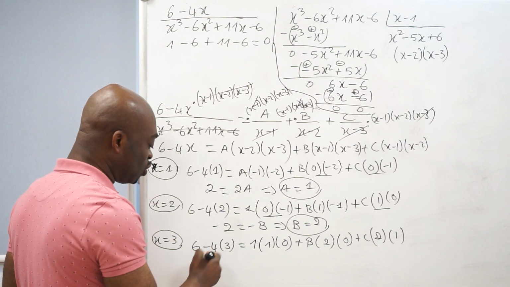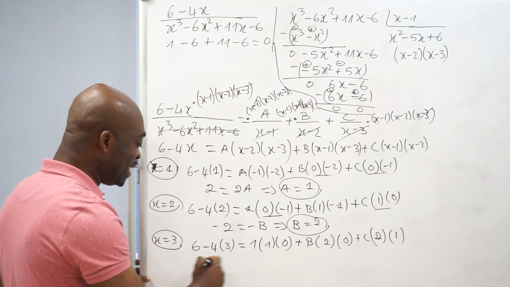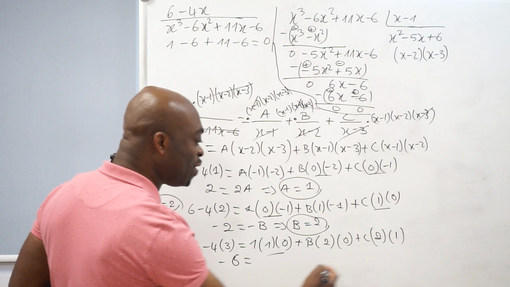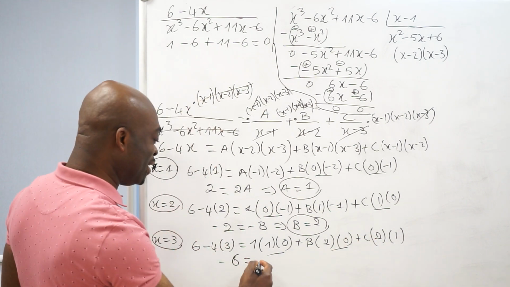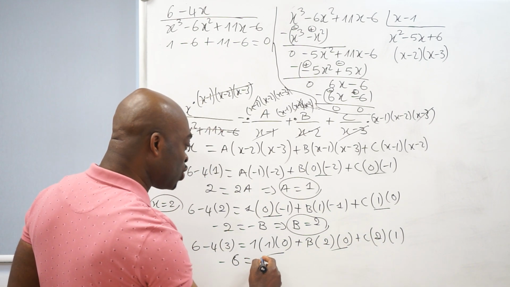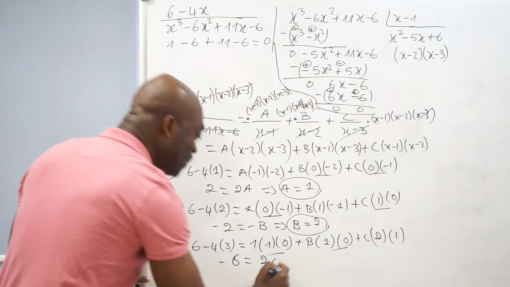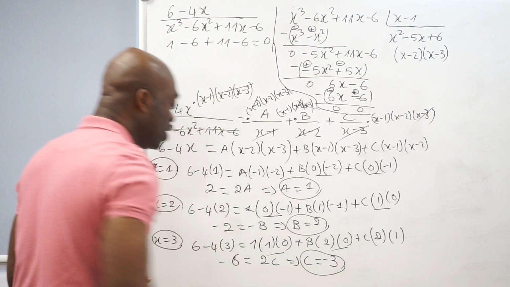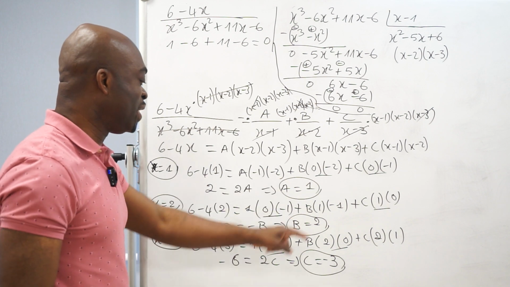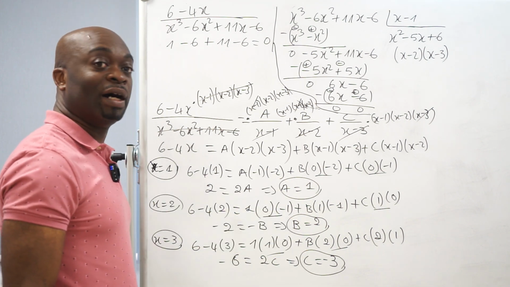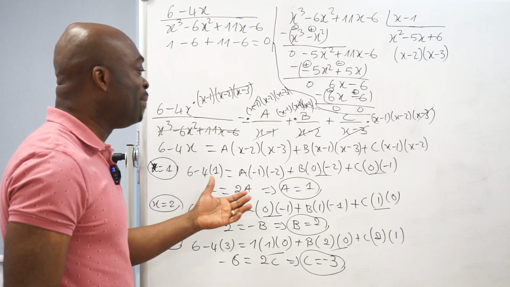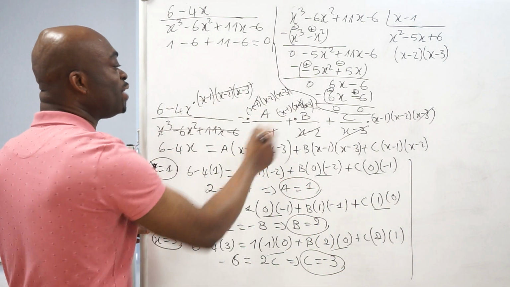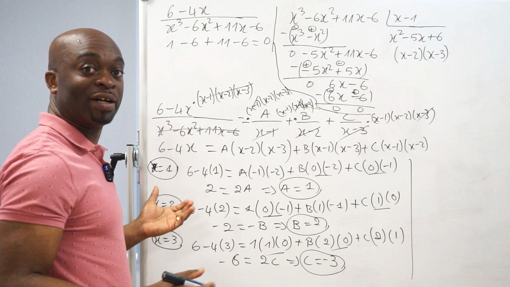So you end up with 4 times 3, which is 12, negative 12 plus 6 is negative 6, and that is equal to what? This is 0. This is 0. And then you end up with 2c, correct? So that means c is equal to negative 3. All right? So you have a equals 1, b equals 2, c equals negative 3. So once you get that, you just substitute them in here, and then you get your final answer.